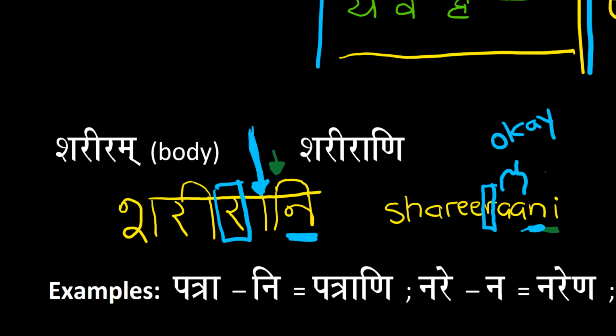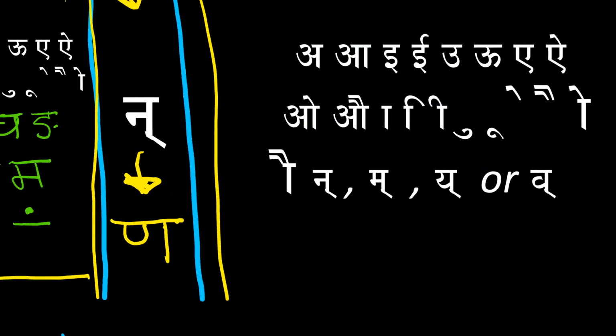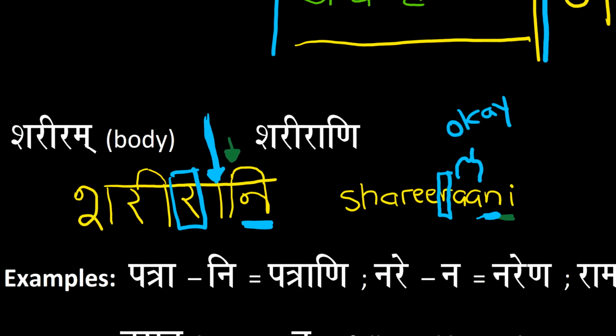Now that we cleared up what comes before the na, let's clear up what comes after the na. As long as the letter that comes after the na is a vowel, na, ma, ya, or va, then it's okay to change our na into the cerebral na.